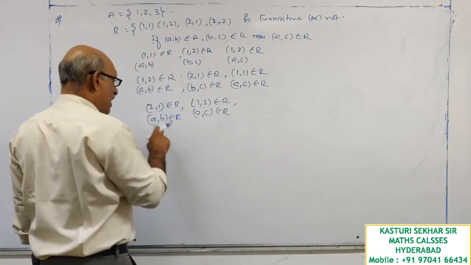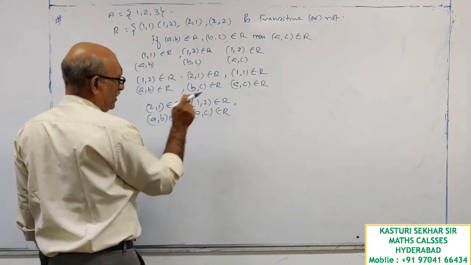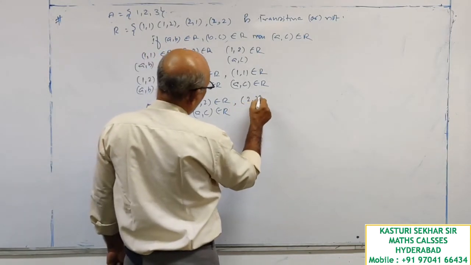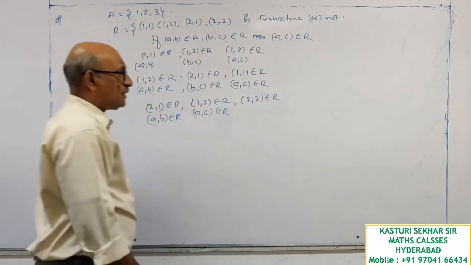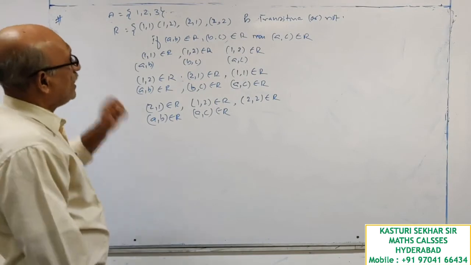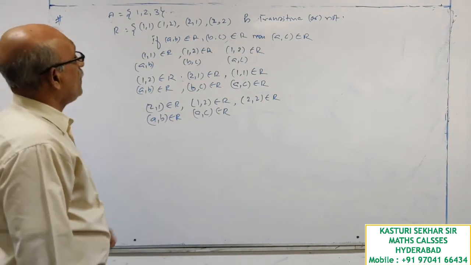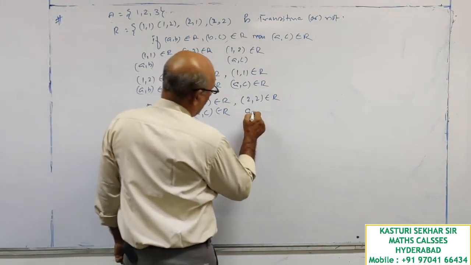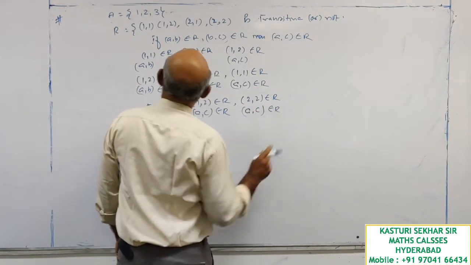So you have to write (a,c). a means 2, c means 2. (2,2) is in the relation. Therefore, (a,c) is in the relation.